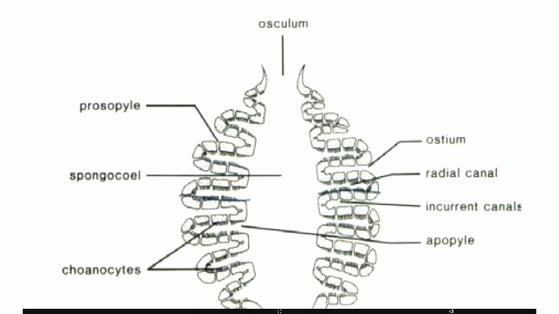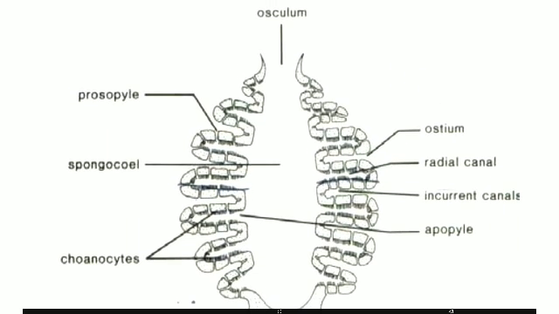So this you need to understand. It is very easy. From outside, the water current enters into the body through the ostium. The ostium leads to a canal called the incurrent canal. The incurrent canal enters the radial canal by means of the prosopyle. The radial canal again opens into the excurrent canal.